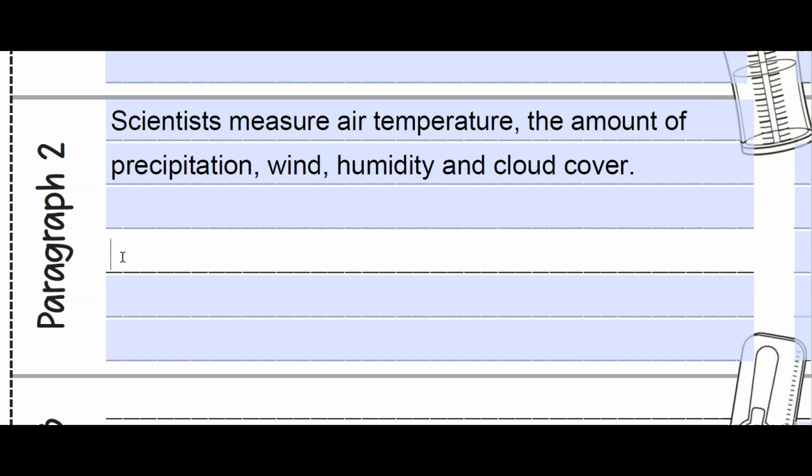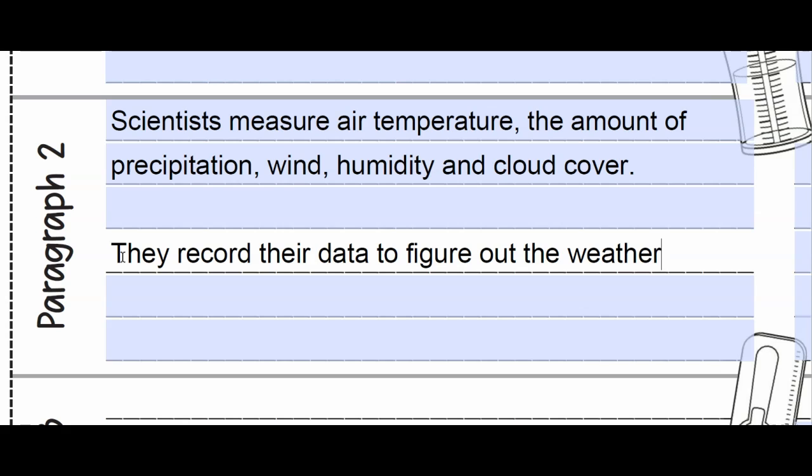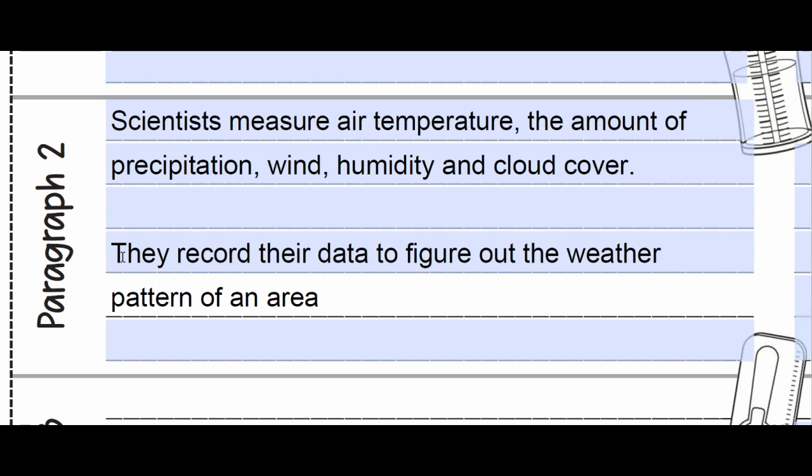So every time we recorded the information that we recorded on our graph, it's called data, okay? So what they also do is they record or they write down their data to figure out the weather pattern of an area.